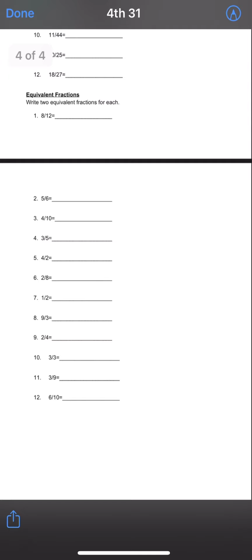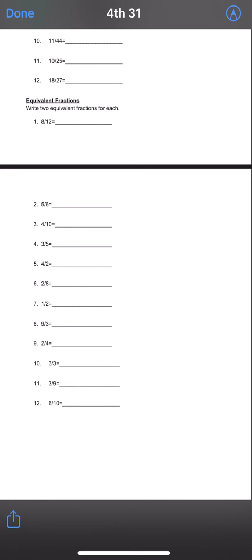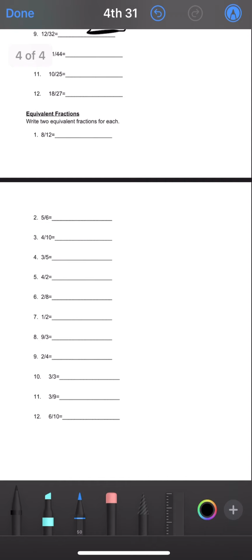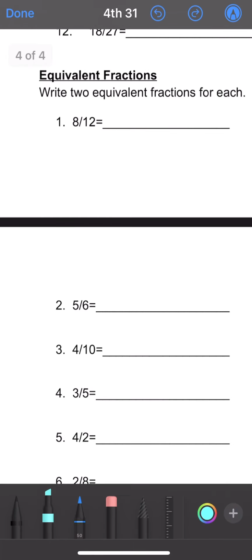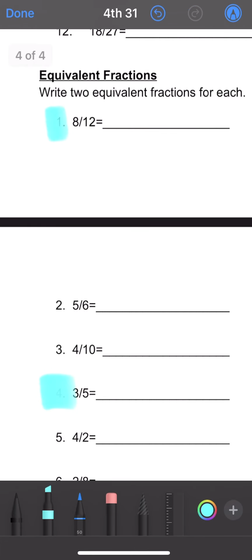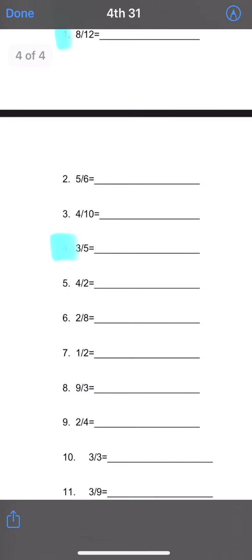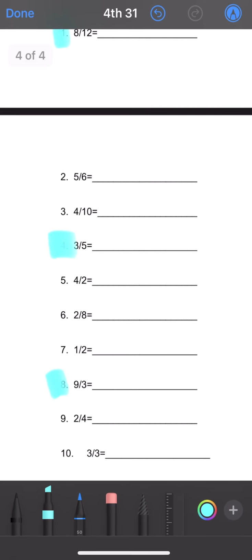Last page, we'll be doing equivalent fractions. Write 2 equivalent fractions for each. So we're basically writing the fraction given in 2 different forms that equal the same number. So I'll be doing number 1, number 4, and we'll do number 8.